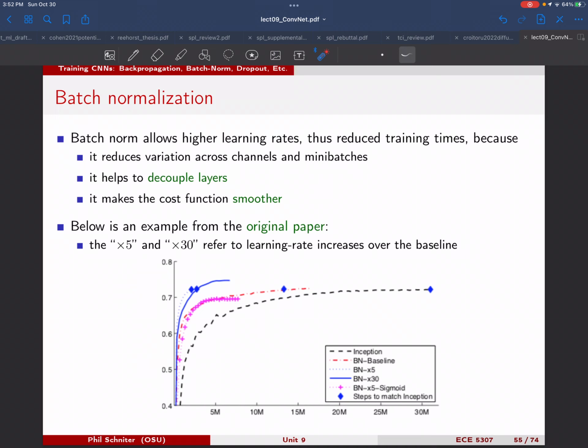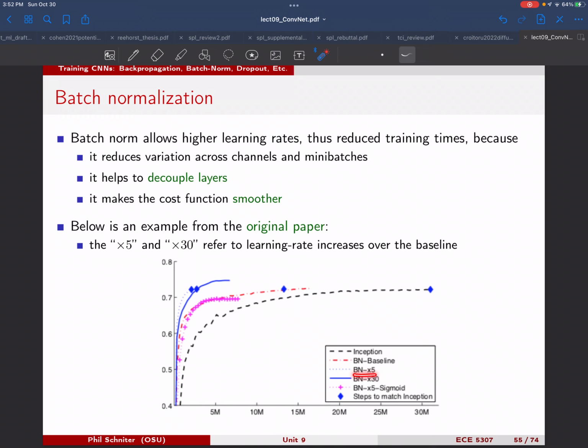Okay, so once we turn on batch norm, you can see we get much faster convergence. That's this red dashed line, and in fact, we get a little bit of increase in accuracy over the original network. Another thing that batch norm allows us to do, because everything is much better conditioned throughout the network, is raise the step size significantly without causing any convergence issues.